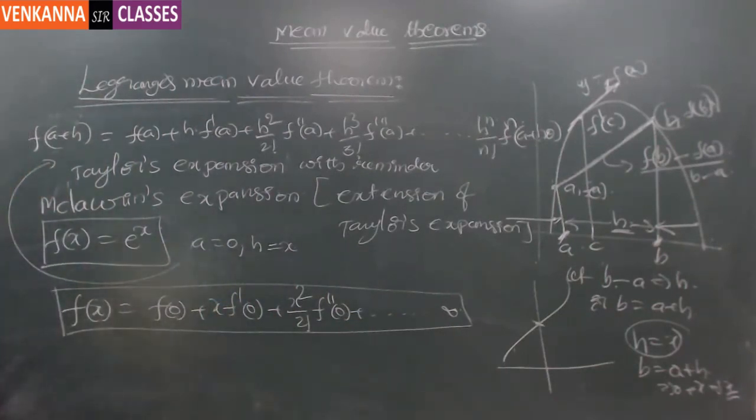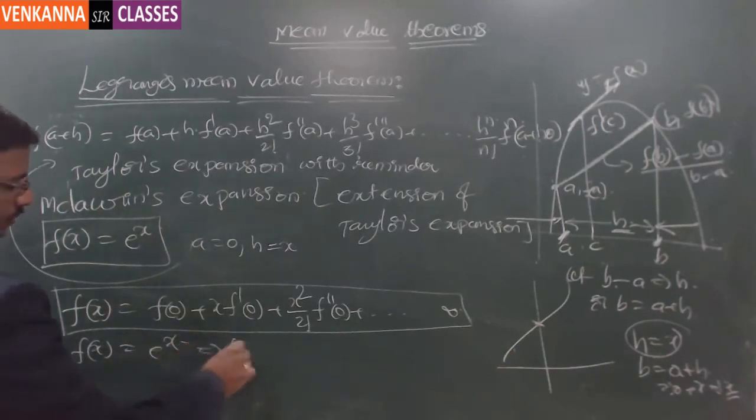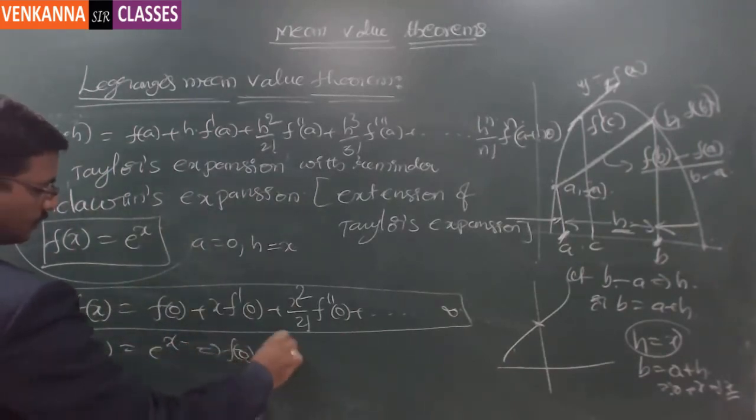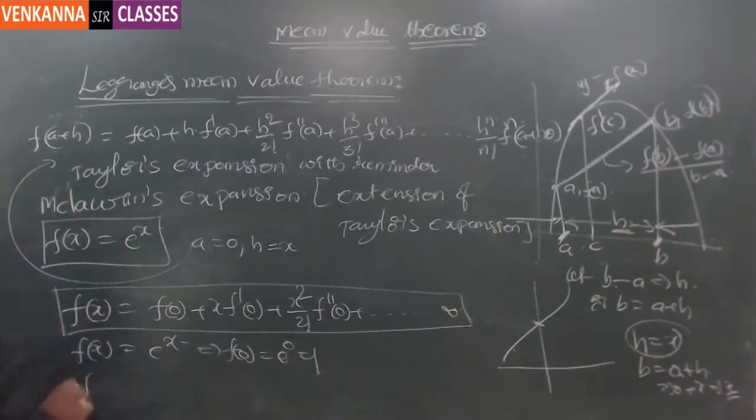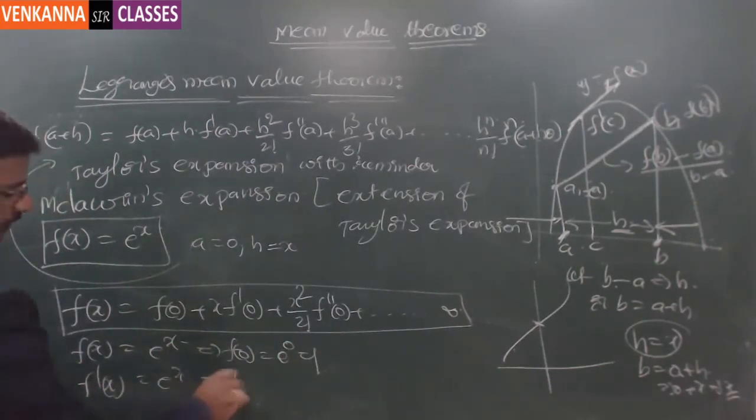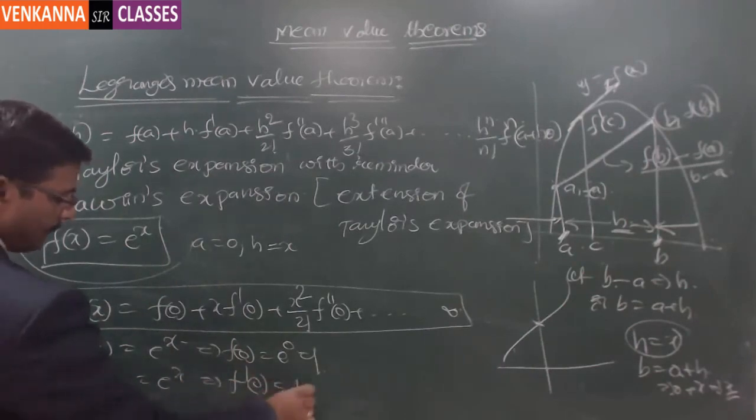Now here, if you want to do the e power x expansion, see this, f of x is equal to e power x. Then f of 0 is equal to e power 0, which is equal to 1. Then f dash of x is again equal to e power x. Then f dash of 0 is also 1, and f double dash of 0 is also 1.